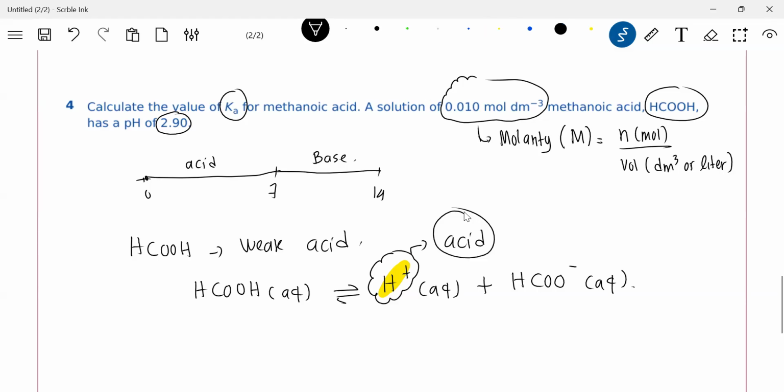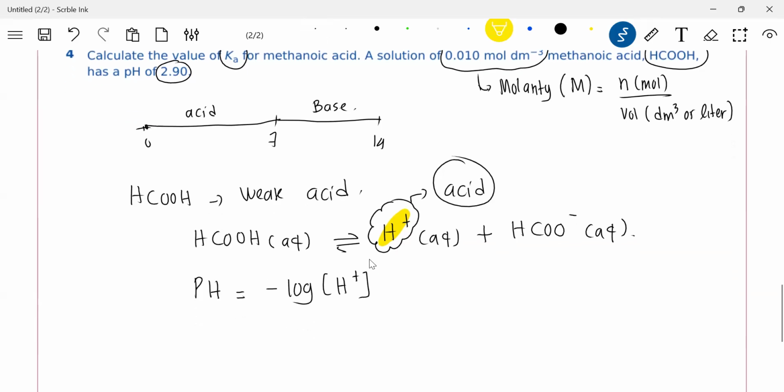So how to calculate pH, sir? This is the formula, related to mathematics. The pH of the solution equals negative logarithm of the concentration of H positive. This is the first formula.